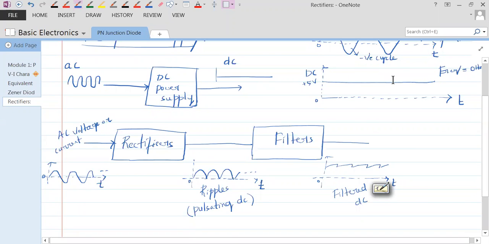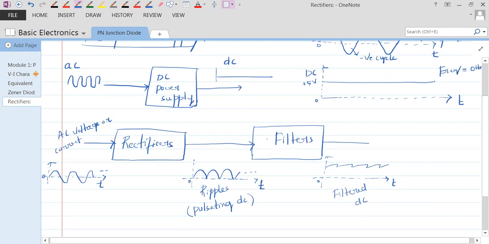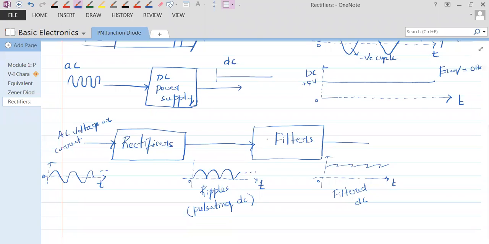So can you tell me, have you seen a device which will give you a regulated DC output? Can anybody answer that? Have you seen a device which will give us a regulated power supply, the pure DC? Just try to remember what all we have studied here in basic electronics so far.